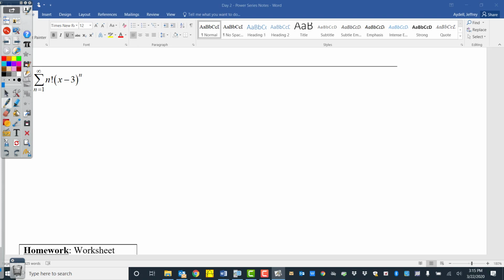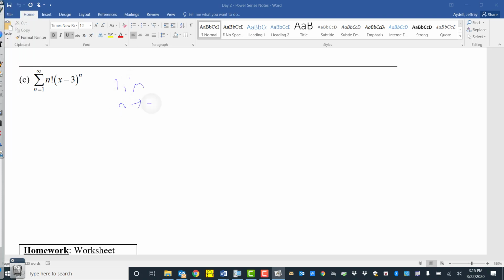So here we go. We're doing the limit as n approaches infinity, absolute value of n plus 1 factorial times x minus 3 to the n plus 1. This time, instead of multiplying by the reciprocal, since it's all one thing and not a fraction, we're just going to divide by n factorial times x minus 3 to the n.